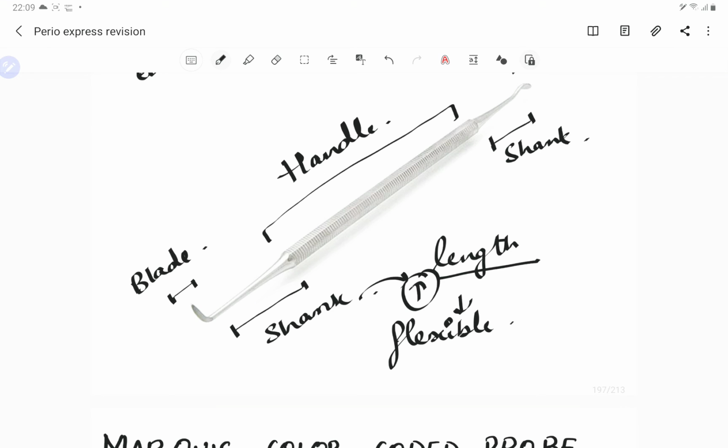And if we have to do supragingival scaling, suppose we have to remove a lot of hard calculus, in that case we use rigid shank scalers for removing the calculus. In order to apply a greater amount of force to remove the calculus, we use the rigid shank scalers.